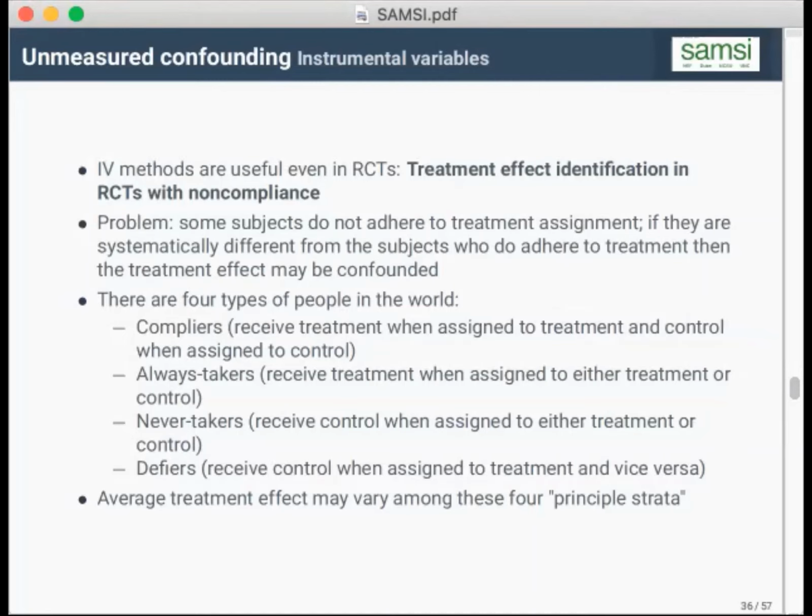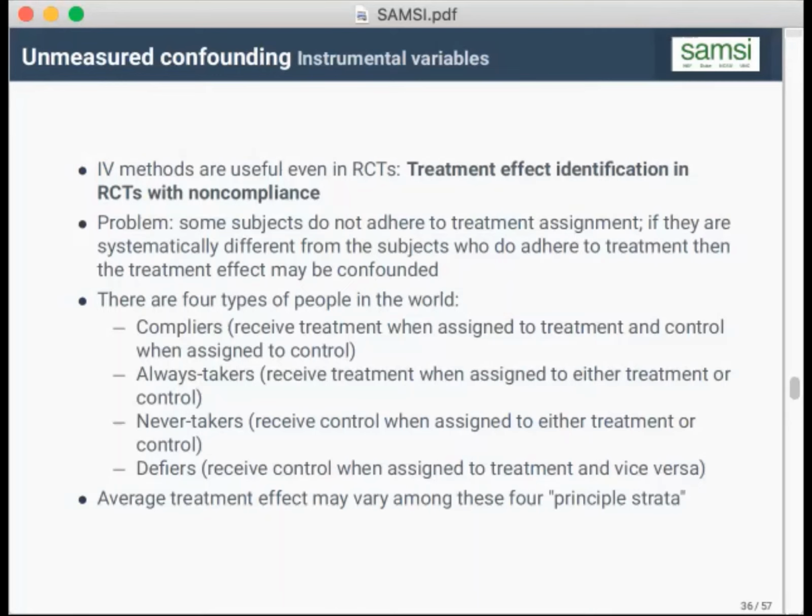And it's this setting that has given a lot of the terminology to IV methods. So you can imagine 4 different types of subjects in this randomized experiment. Compliers do what they're told. So when they are assigned to treatment, that is when their instrument is 1, the instrument here is treatment assignment, then they take treatment, that is their treatment is 1.